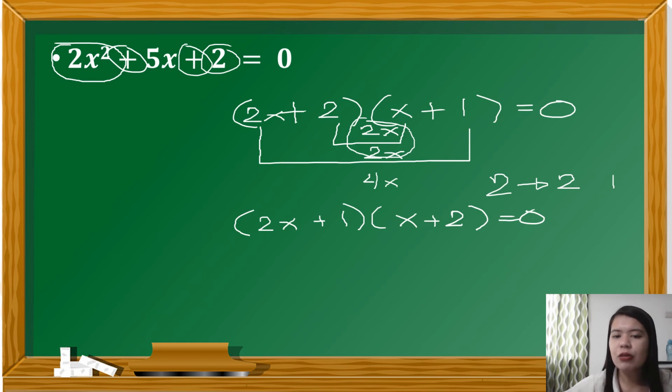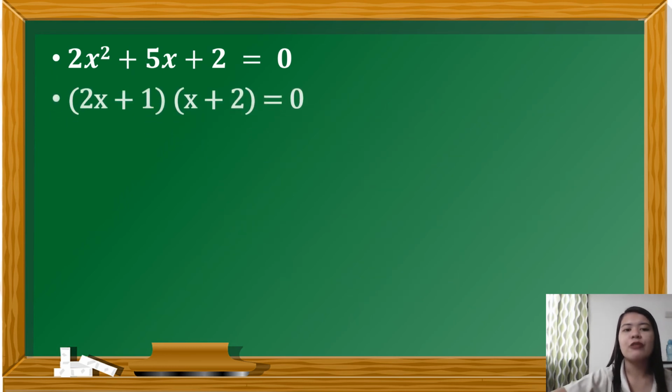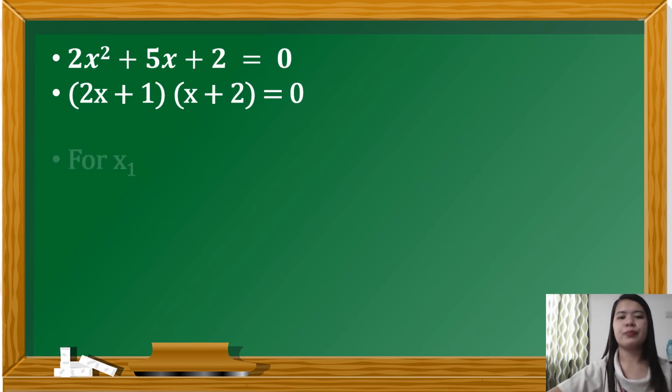Pero kapag itong isa, 1 times x, 1x or x. 2x times 2, 4x. So, meaning, pag pinagsama natin ng x and 4x, meron tayong 5x. From this, nakita natin na ka-equal siya nung ating middle term. So, meaning, our factors will be 2x plus 1 and x plus 2.